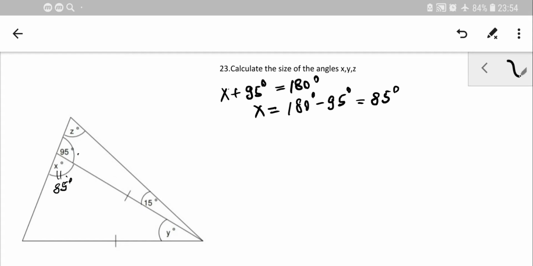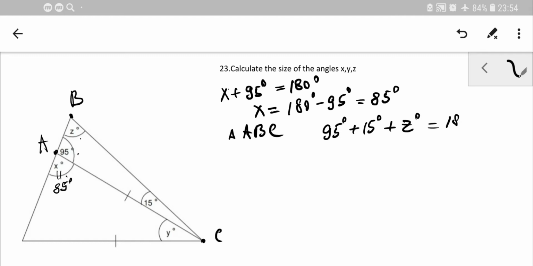All right, so next one. Can we figure out angle Z? Yeah, we can. Let's mark three letters for the vertices: A, B, and C. So let's consider triangle ABC. If you add all the angles, 95 plus 15 plus the unknown Z, we get 180 degrees, the sum of all interior angles.